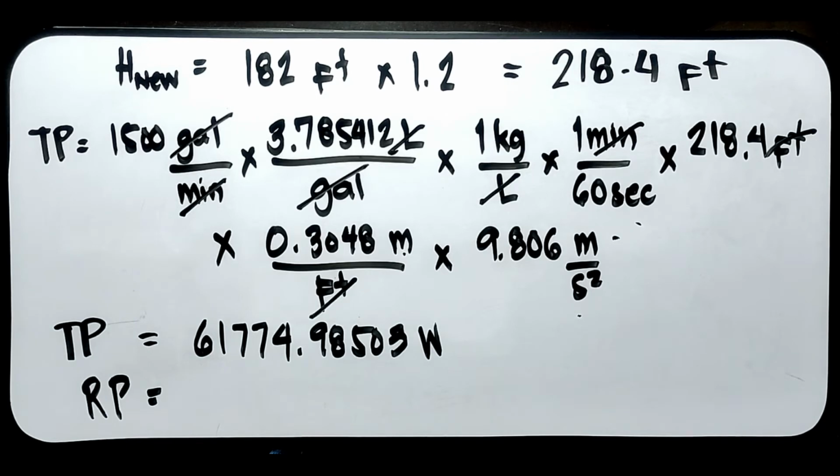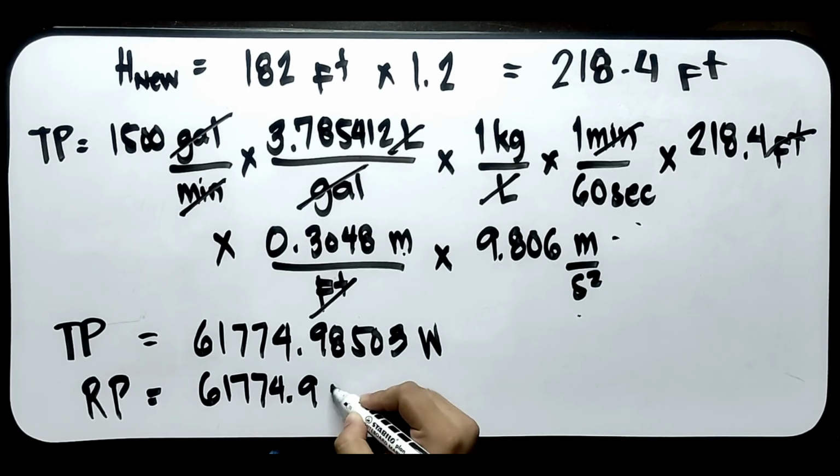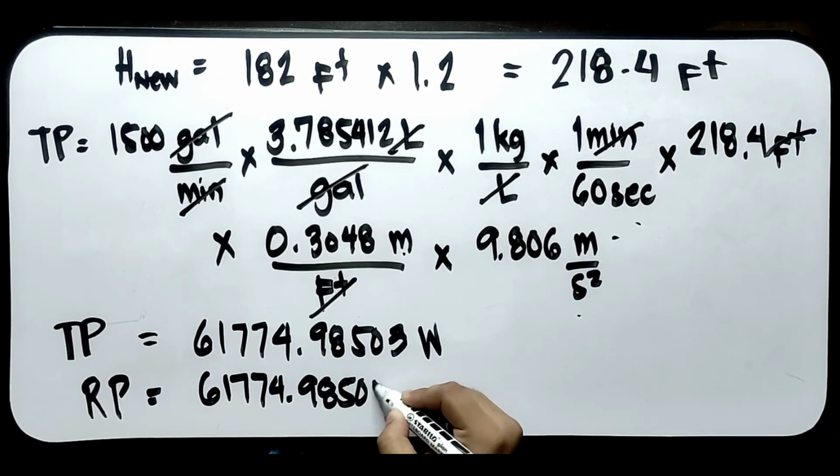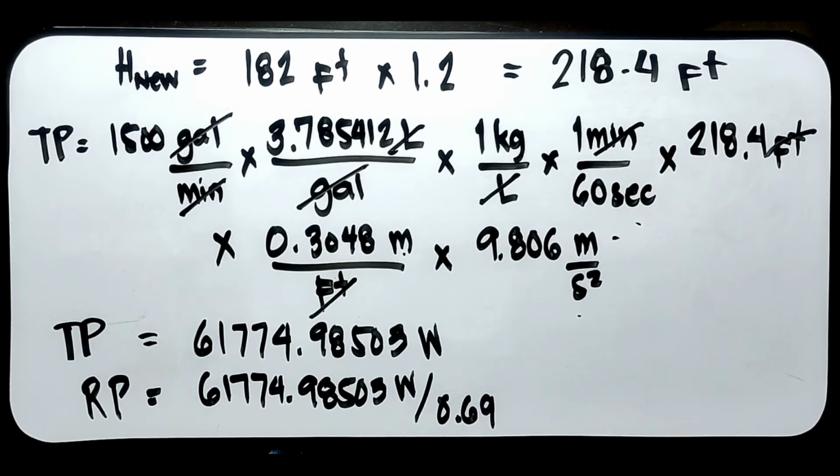Pero ang required power natin is mas malaki dito, kasi yung efficiency ng pump is 69% lang. Kaya ito, 61774.98503 watts, i-divide natin siya sa 0.69 para makompensate yung mga kakulangan, para ma-meet yung requirement.